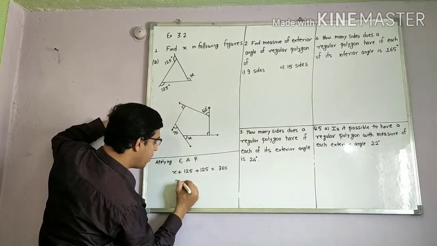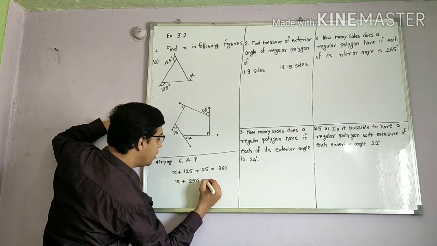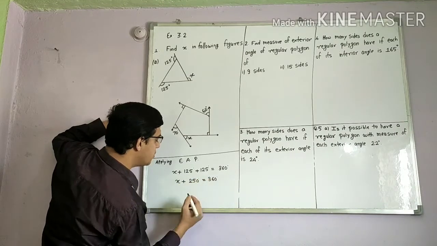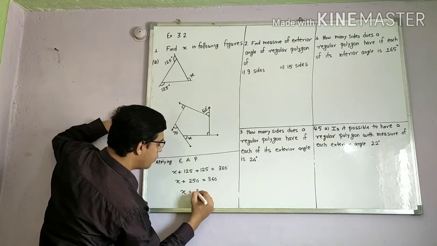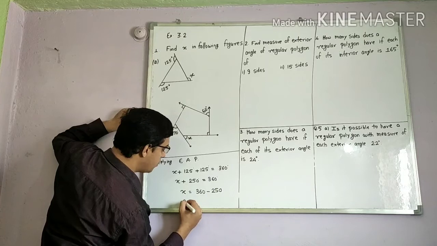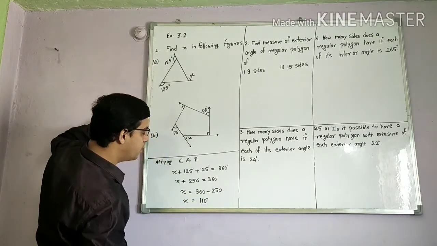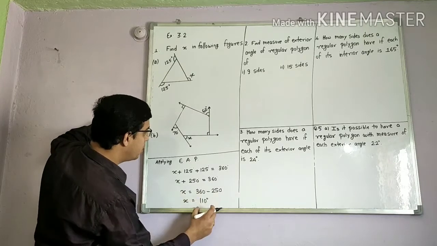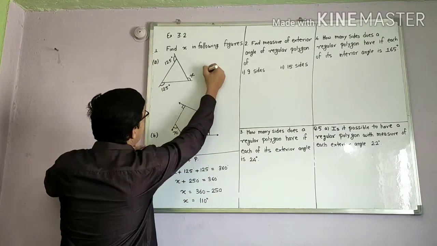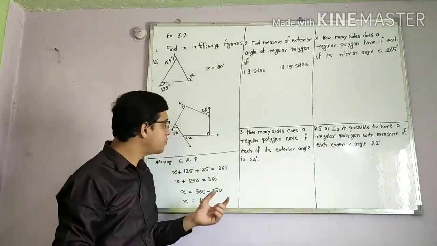So this will become x plus 250 is equal to 360. So x will be equal to 360 minus 250. So value of x will be 110 degree. So this is our answer. Value of x is 110 degree.